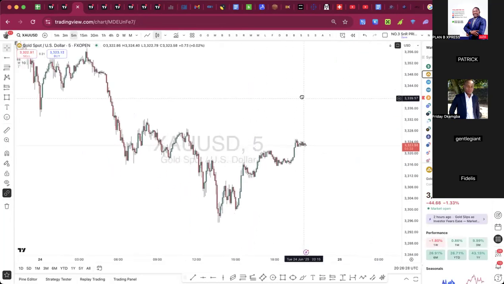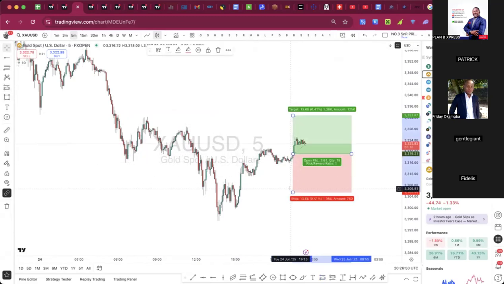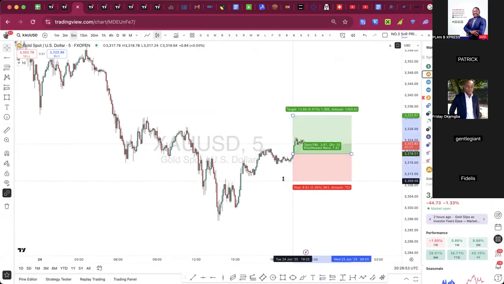Now, if you are entering gold, when we came, gold was somewhere here. So let's say you were taking gold from where it was here. Your stop loss, maybe this is the previous swing low. If you take your entry here and your stop loss below here, this on gold, 9.44, is 94 pips, right?